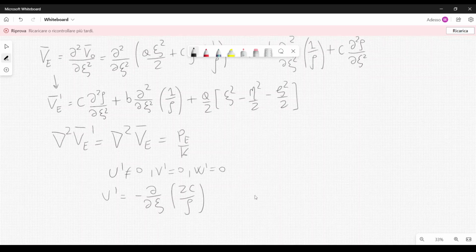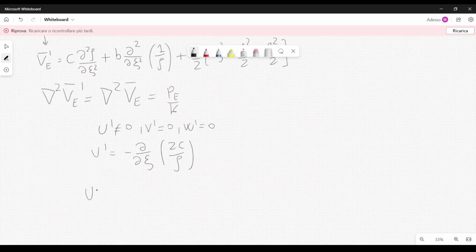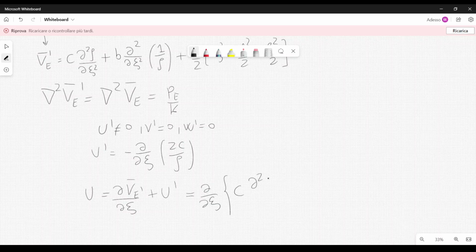And U, if we also want to find U, in this condition we have dV bar E prime d xi plus U prime. Now the calculation yields d over d xi of c d squared rho d xi squared plus b d squared d xi squared 1 over rho plus a over 2 xi squared minus eta squared over 2 minus zeta squared over 2.